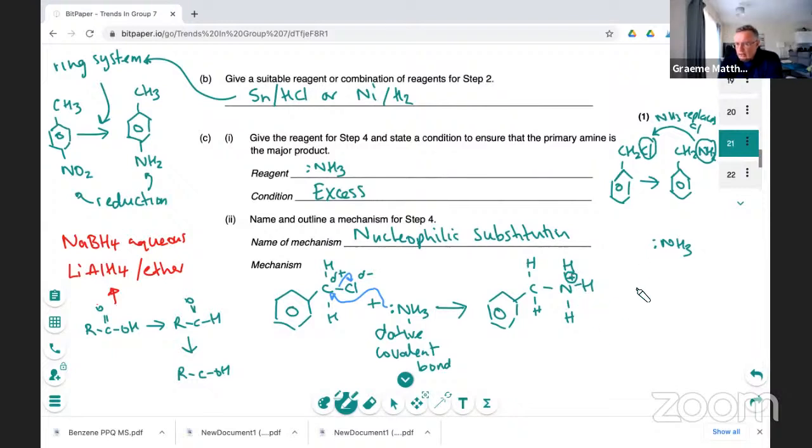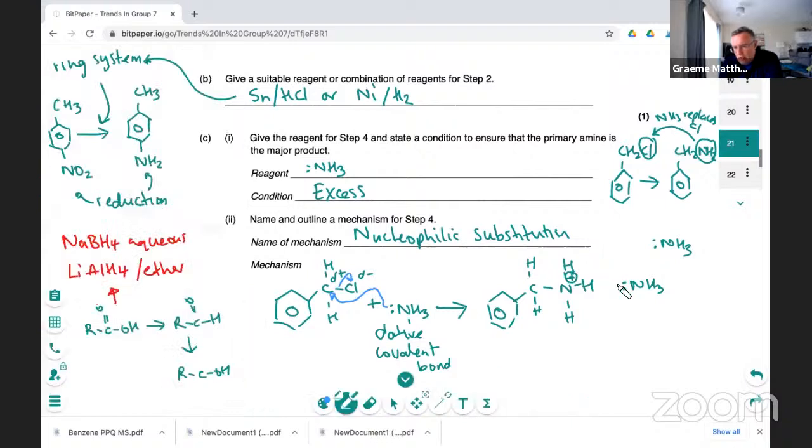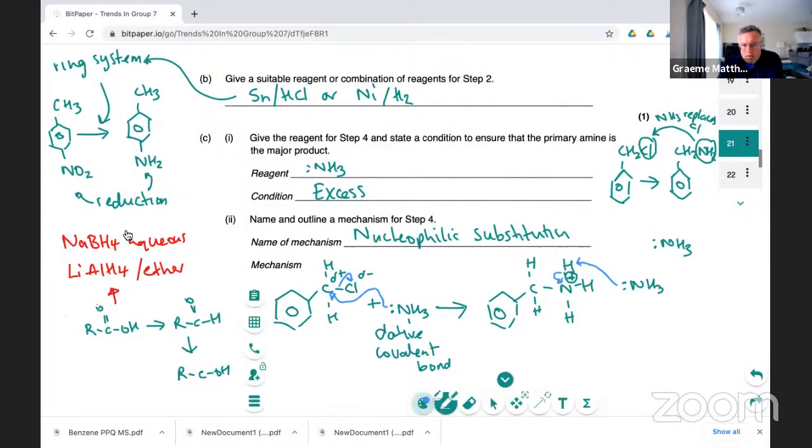This is why you need excess amine. Well, guess what? Here comes another amine, and in Air Force Blue, it just attacks the proton, and then this falls back down like this, and so you end up getting this.